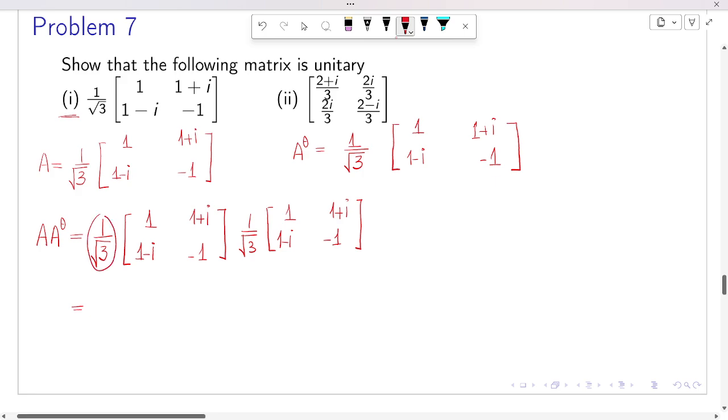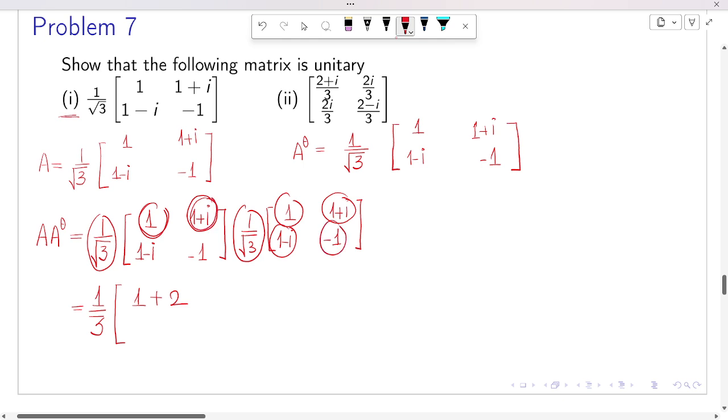So 1 by root 3 into 1 by root 3 is 1 by 3. Now 1 into 1 is 1 and 1 plus iota into 1 minus iota is 2. Then 1 into 1 plus iota plus 1 plus iota into minus 1 is 0. Then 1 minus iota into 1 minus 1 into 1 minus iota is again 0.